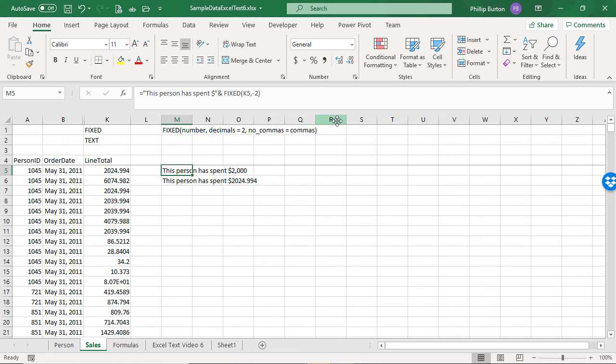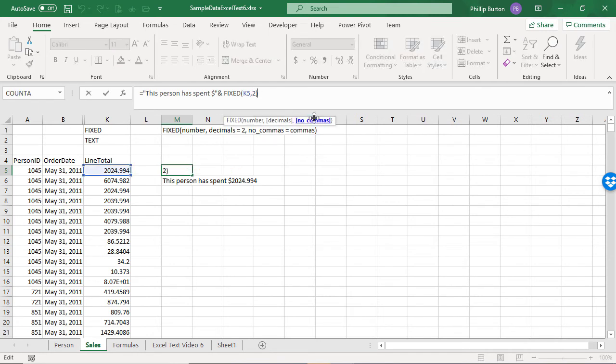So let's have a look at this third argument. This is the no commas. This is very straightforward. It's either true or false. And you can see true means there are no commas and false means commas. In other words, yes please to commas. That for me is an odd way around. I would want to say true for commas and false for no commas, but here we have the opposite.